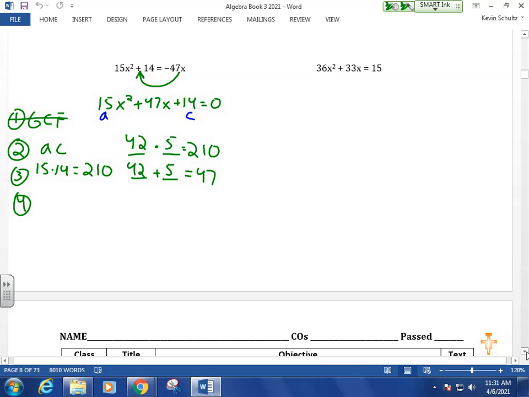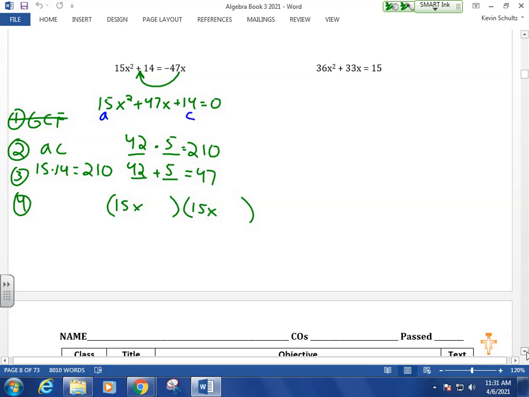There is no greatest common factor, so we can just go straight to our parentheses here. What do both of them get? Noah? The 15x. And again, we do that just so it doesn't matter which one gets the 42 and which one gets the 5.